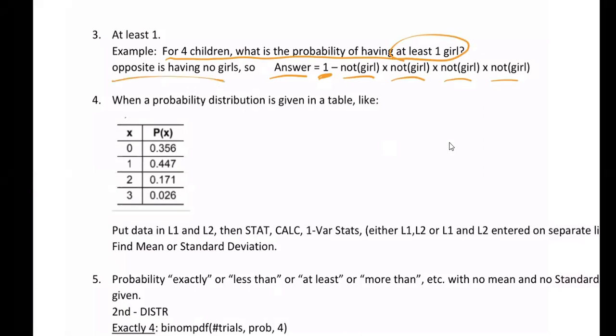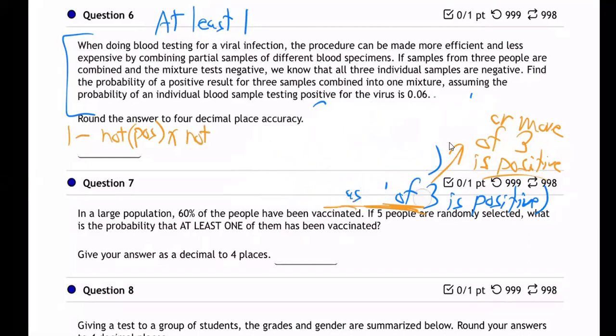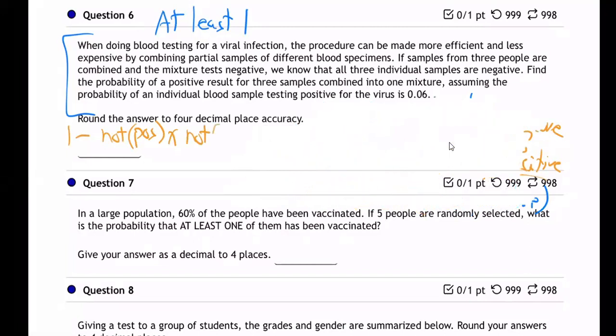Okay, let me write it up here. 1 minus not positive times not positive times not positive. Are you tracking with me? Did you see that in the notes, that you go 1 minus not whatever they're saying? And I've only got 3 of them. Why 3? Well, because we only have 3 samples.